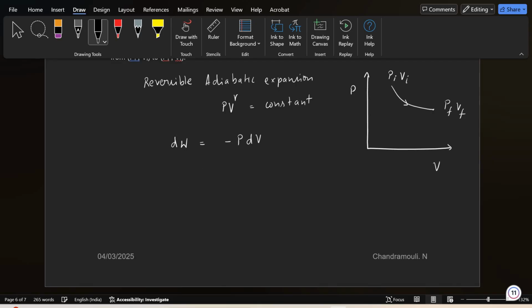Work done is equal to minus integral of P dV from VI to VF. The important thing here is that P is not a constant value, so we cannot take it out.